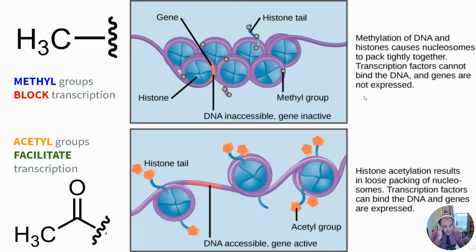Another cool thing about methyl groups is you can actually change your methyl groups over time. All sorts of things you do in your life, things like what you eat, what you drink, what you smoke, pollution that interacts with you, any sort of thing that we've talked about that may be like a carcinogen that could cause cancer, can actually methylate your DNA and turn off certain genes.